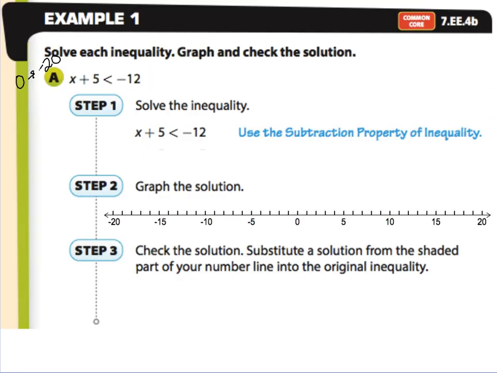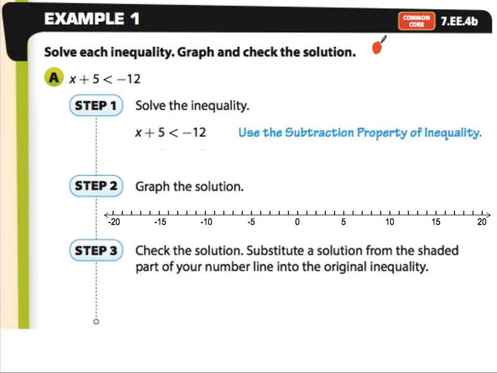So let's test our theory right now when it comes to addition and subtraction. And then we're also going to talk about how do we graph the solution. So first and foremost, let's take a look at what it looks like when we have to graph our numbers. I always graph my stuff in red because it makes it easier to read on the number line.